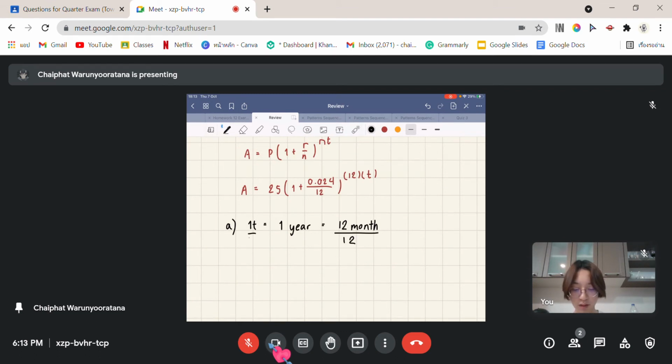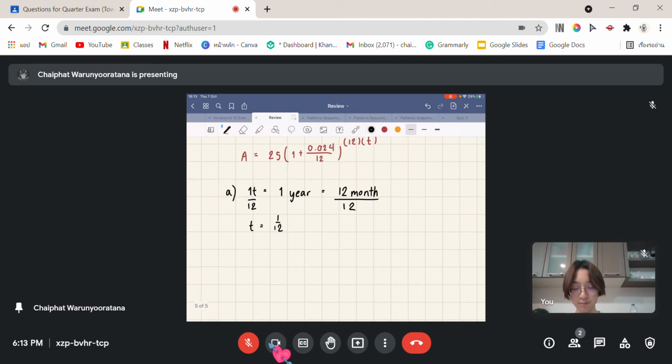Therefore, it's the same here. So for 1 month, t will be equal to 1 over 12, and we can substitute it in this equation. Now let me put it in my calculator and see the result.